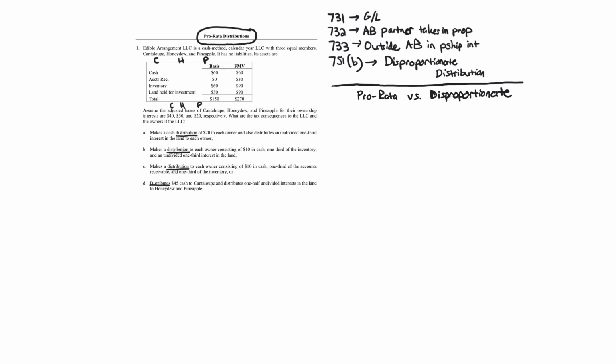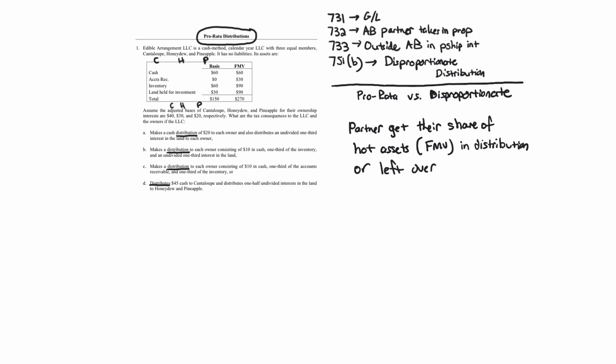Okay? So the way that we determine if it's pro rata or disproportionate is we look at each different alternative distribution situation, and we see, does the owner or the partner get their share of hot assets, using fair market value, in distribution or left over if they still own an interest?